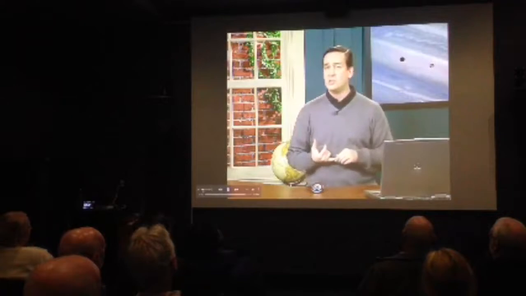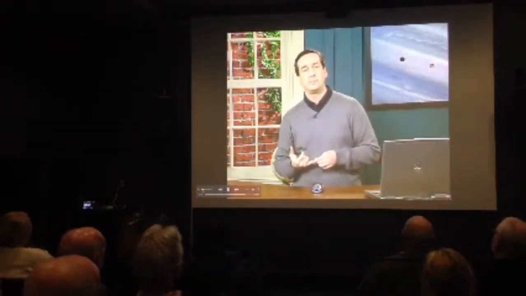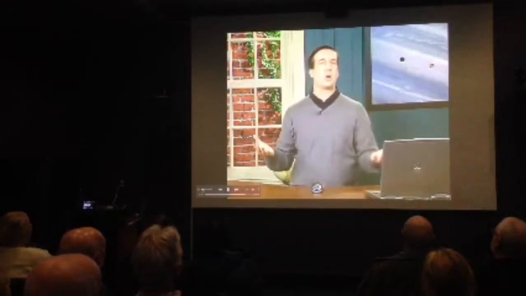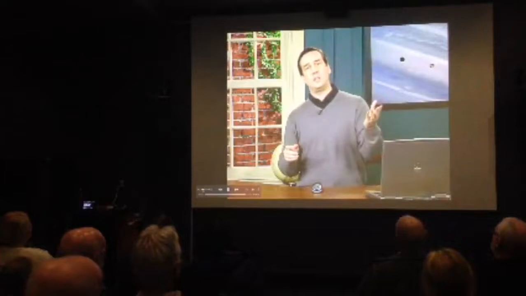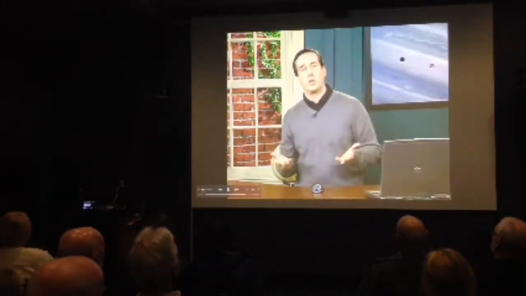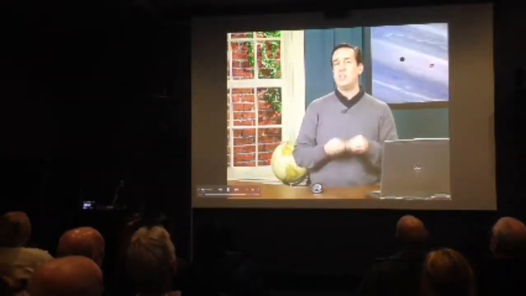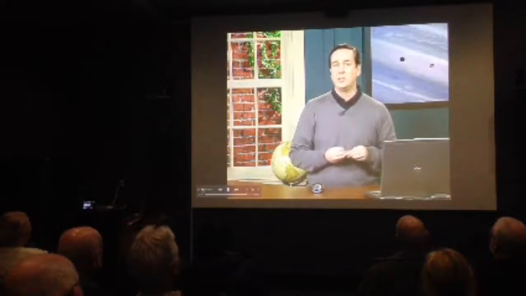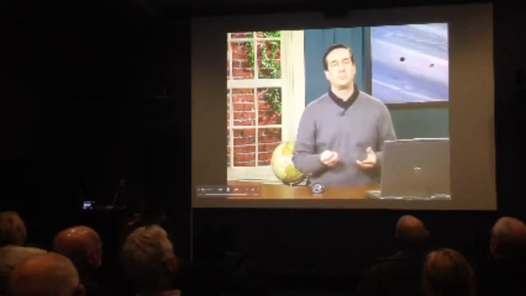Now, to do this, to create a magnetic field, you need an internal conducting fluid, because electricity and magnetism are complementary. Wherever you have an electric current, you generate a magnetic field. If a magnetic field changes, you generate an electric current. So for Ganymede and Callisto, when we see changes in the magnetic field, the best explanation we can come up with is a subsurface ocean.